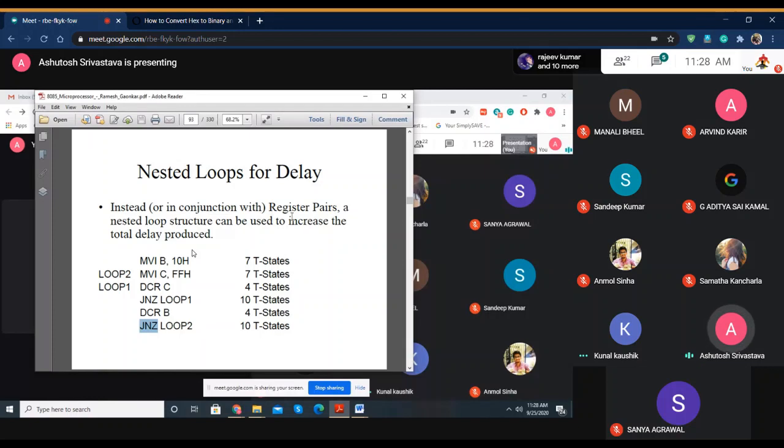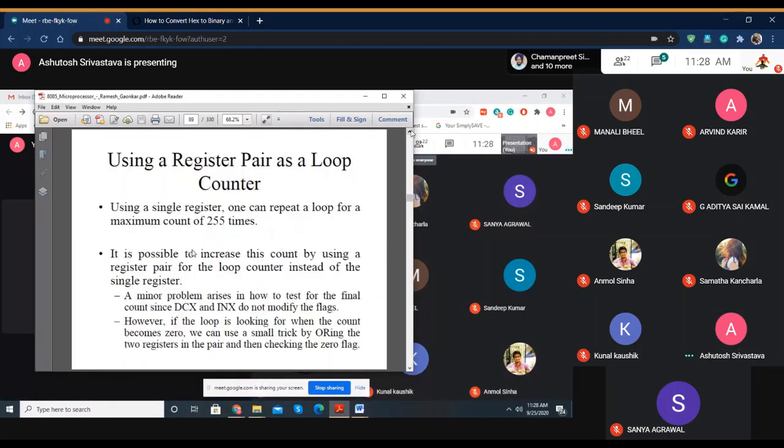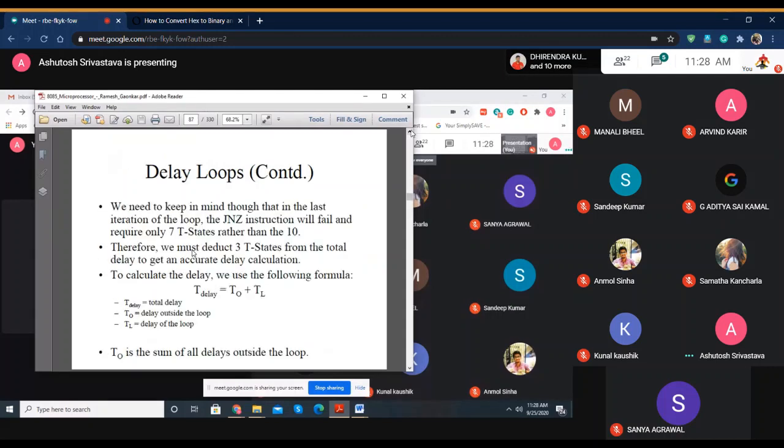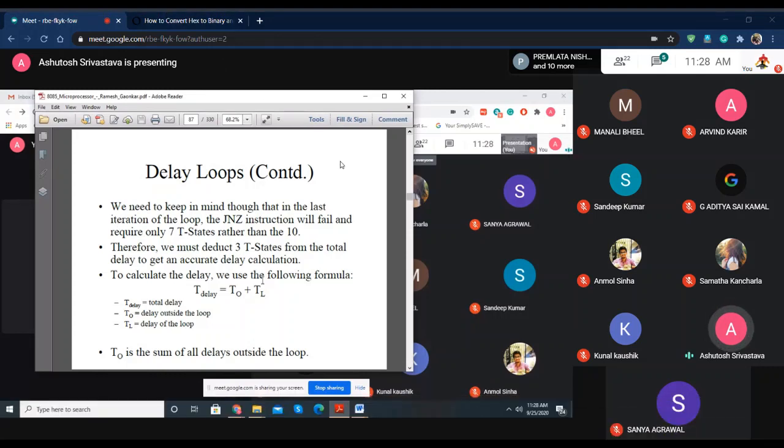So this is the delay. Total delay is the delay that is created due to the outer loop and due to the delay of the inner loop. So a loop can be singular, can be dual, or can be multiple. That is what we had just talked about, which is a nested loop.